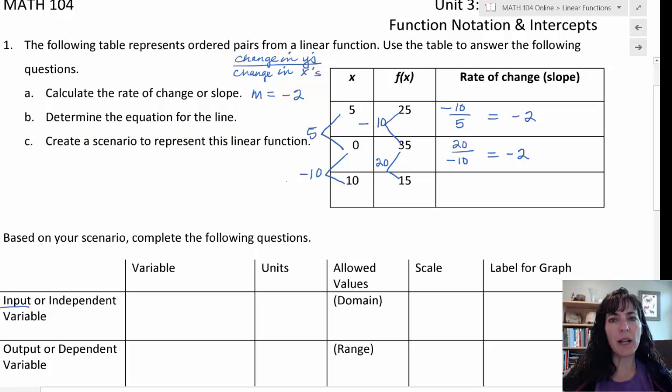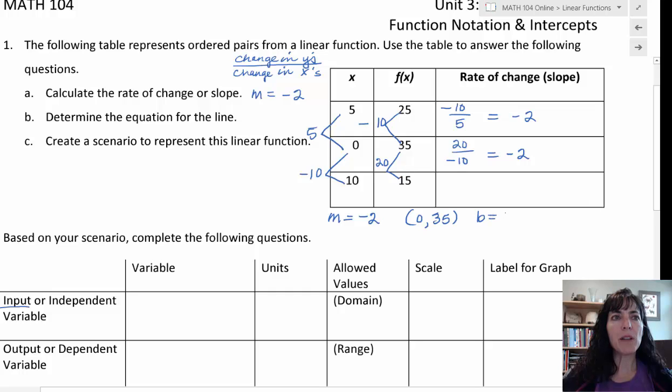Determine the equation for the line. Well, to find an equation for a line, I need to know the slope, and I know that it's a negative 2, and I need to know the y-intercept. So I'm thinking about, where do I have an ordered pair? If I do 0 comma something, I have 0, 35.